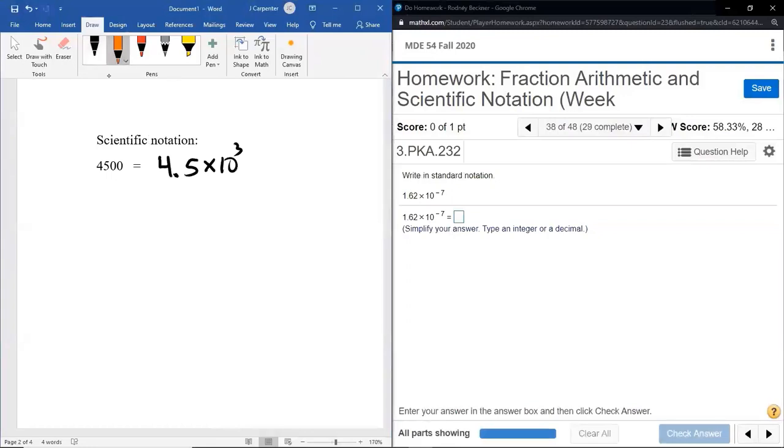The left is what we call standard, and the right is what we call scientific notation. I'm just abbreviating.